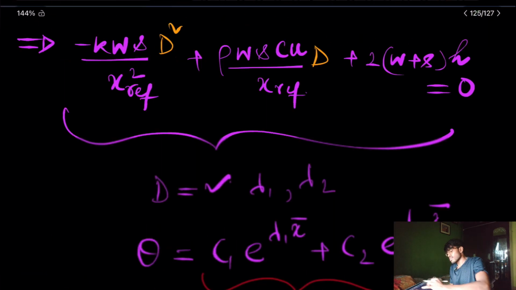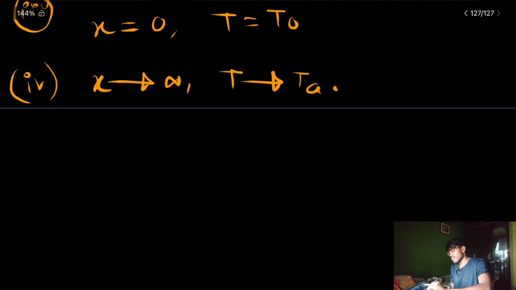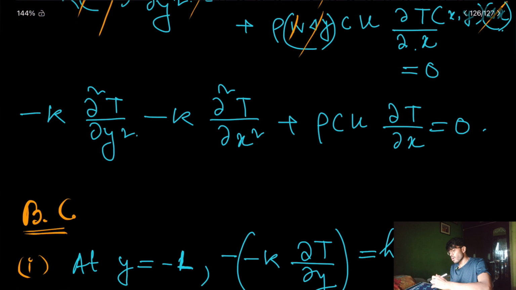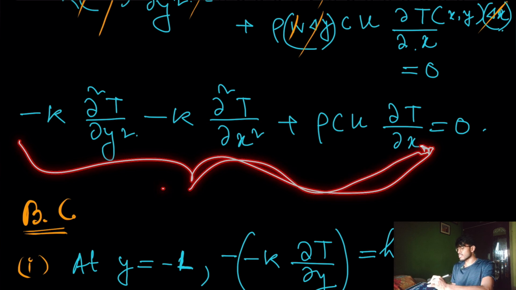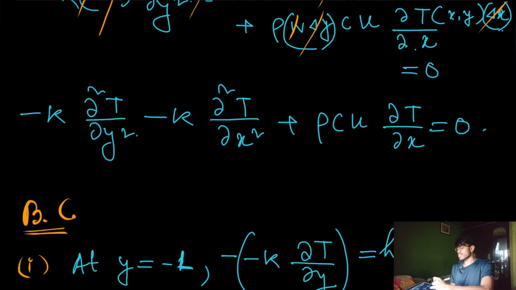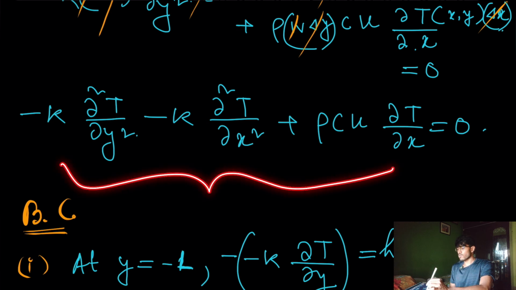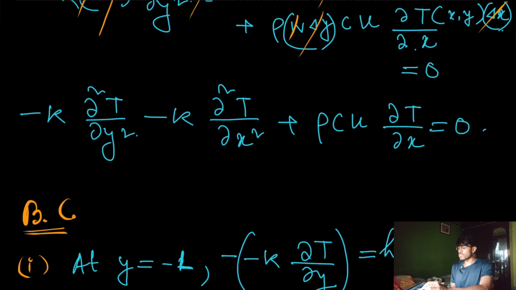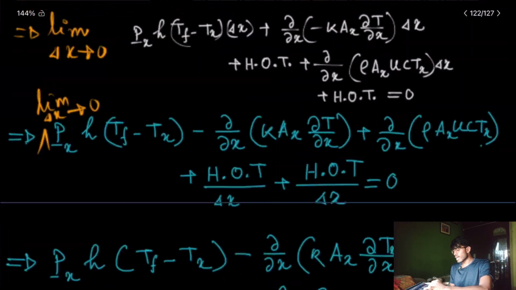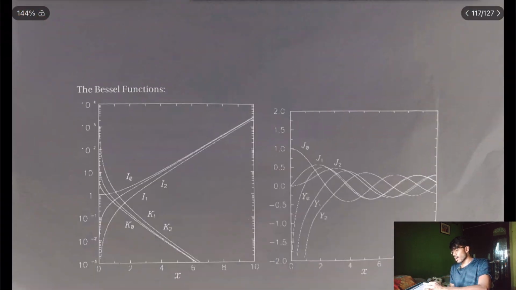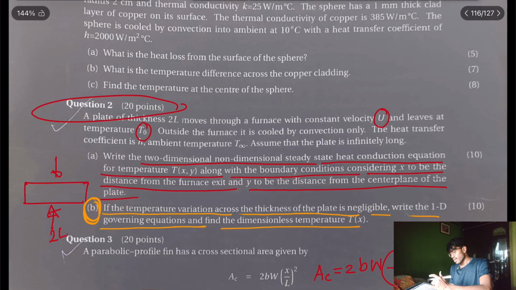And finally, to solve this governing equation, is not actually very easy, because it is a partial differential equation and there are separate methods. So even if you don't solve this governing equation, and I hope the examiner has not asked to solve the equation.